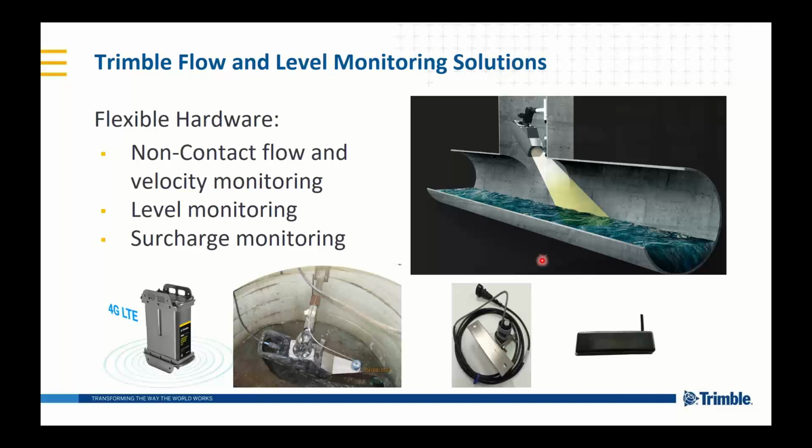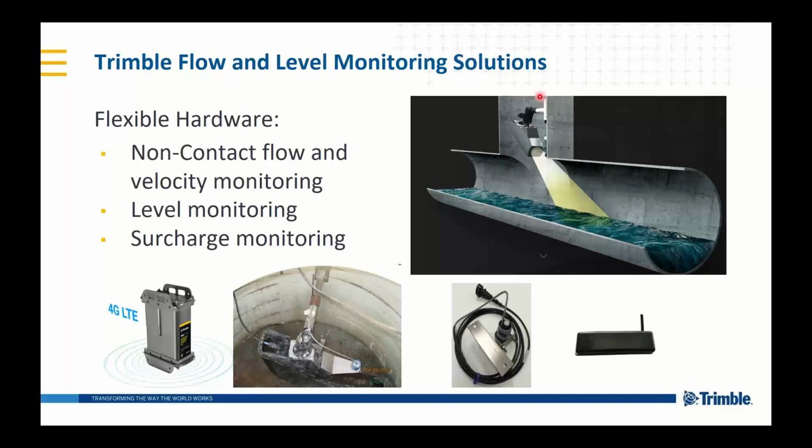So let's talk about the hardware for flow monitoring and for level monitoring as well. This slide here shows you what we have to offer as far as flow monitoring. And everything all starts with our RU-35 logger. It's 4G LTE-M capable. And we have a non-contact flow monitor and velocity sensor.